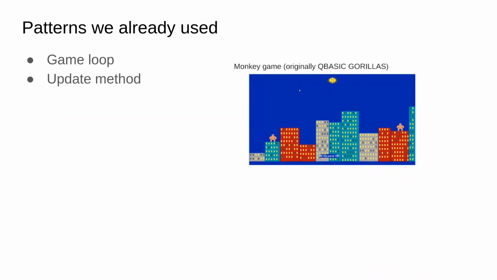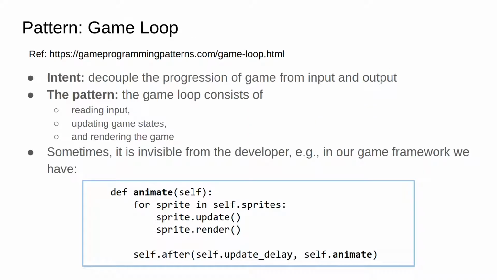When we developed the Gorilla game, we used two of the patterns from Game Programming Patterns. The first is the game loop and the other is the update method. You can look at this website. We'll look at this book, Game Programming Patterns, pretty soon, but it gives you a rough overview of the patterns that we will look at.